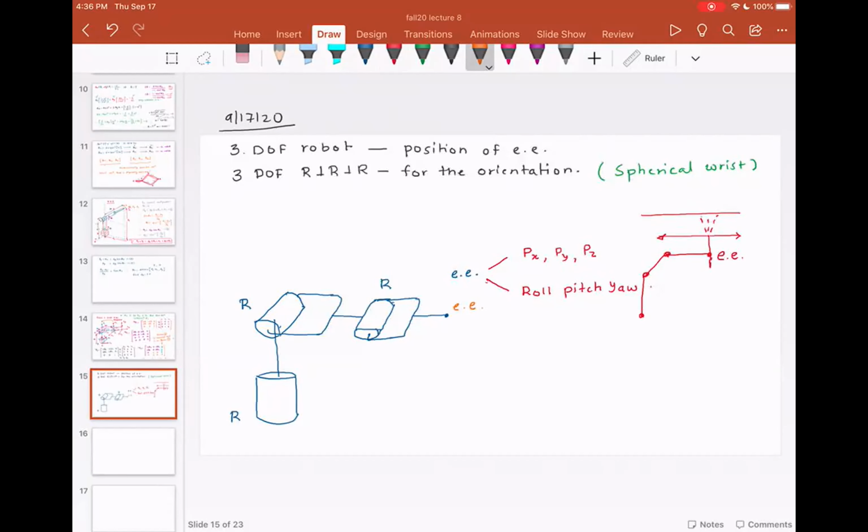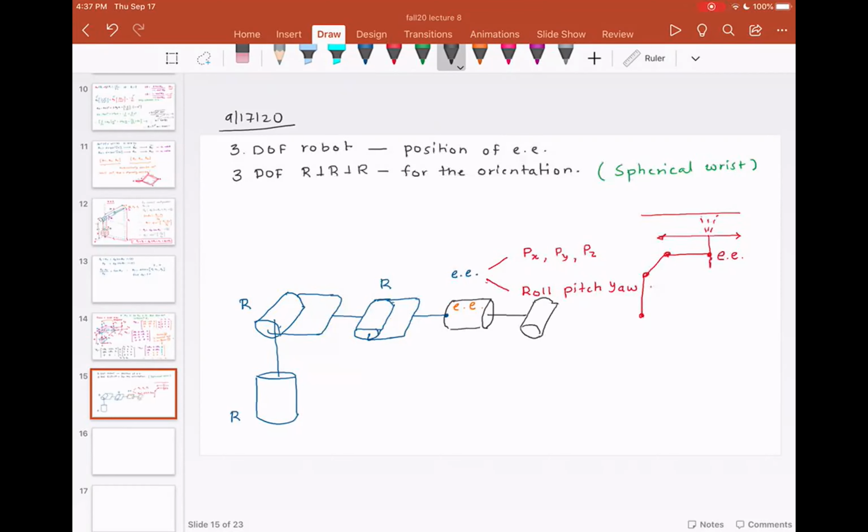So what we do for that is we actually use something called the spherical wrist. And this spherical wrist is something as simple as 3 revolute joints that are perpendicular to each other. And what I'm going to do is draw these 3 revolute joints.